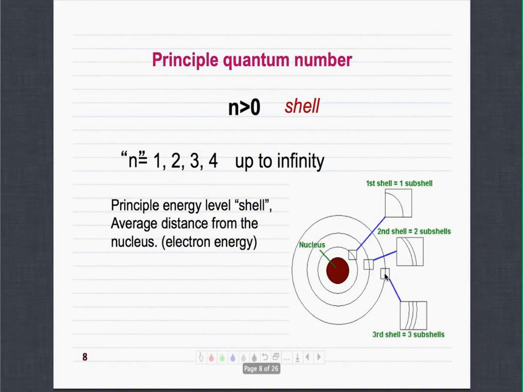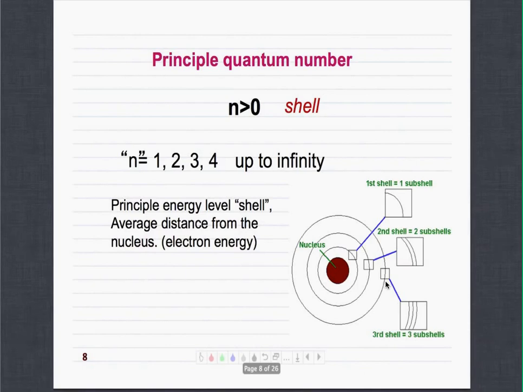For example, the first shell, which is very close to the nucleus, is n equals 1, then n equals 2, n equals 3. It can never be 0. Okay?